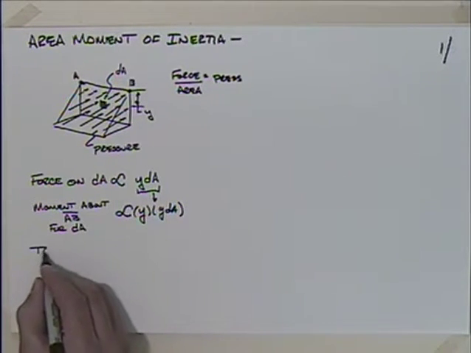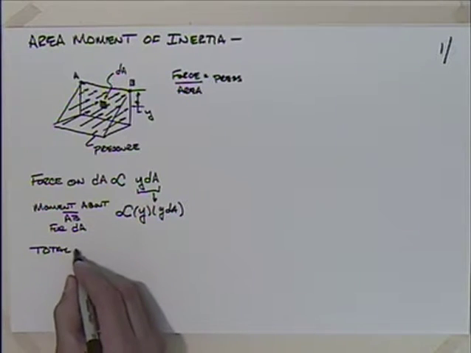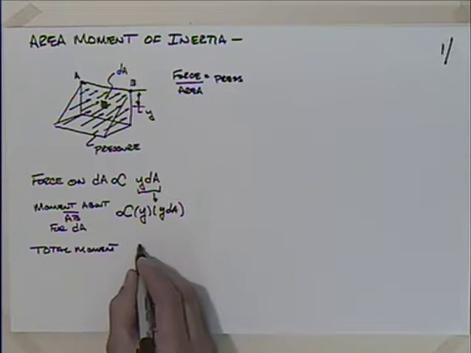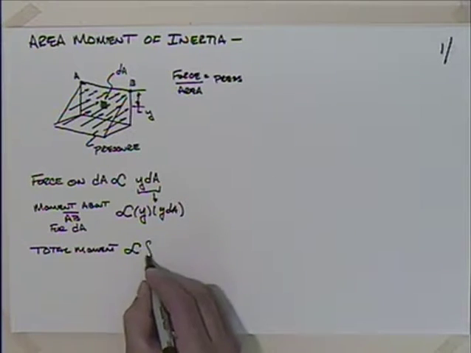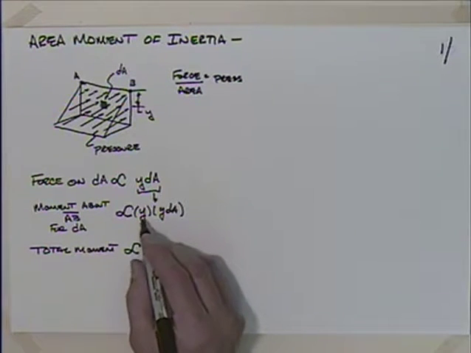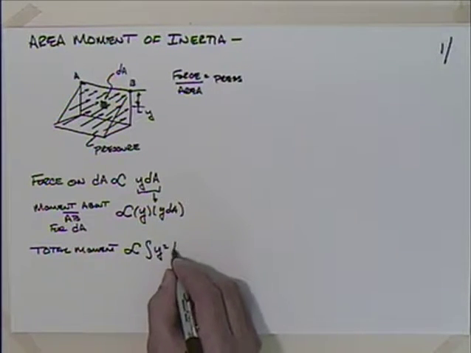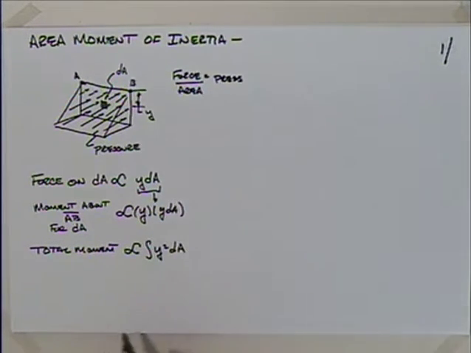If I talk about the total moment, I could say that this is proportional to the integral of, just summing them up, what do I have? I have y squared dA, don't I?